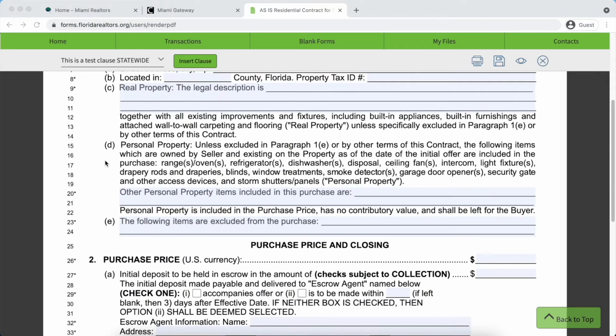Your next line is going to be your personal property, which is, unless excluded, all these items that you see on here are going to be included in the sale. Now, it's very important that you look at MLS and see if there's anything that's excluded.